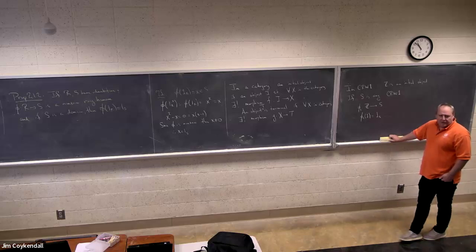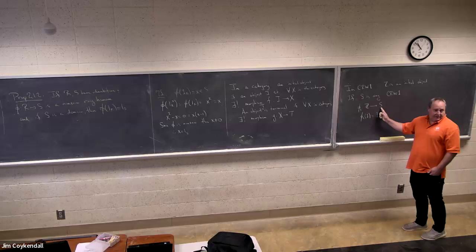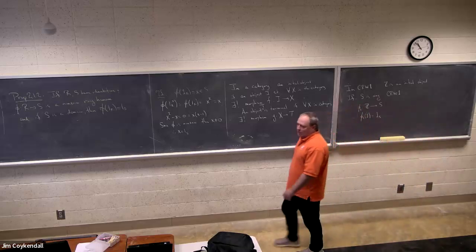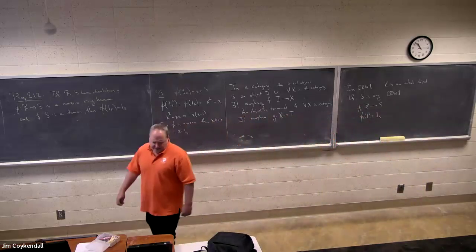Notice that this homomorphism is not necessarily one-to-one, because, for example, S could be Z mod N, and there's only one morphism that takes one to one in Z mod N. There it goes.